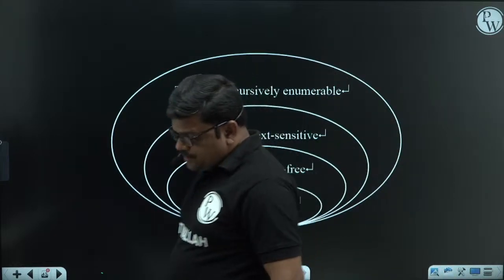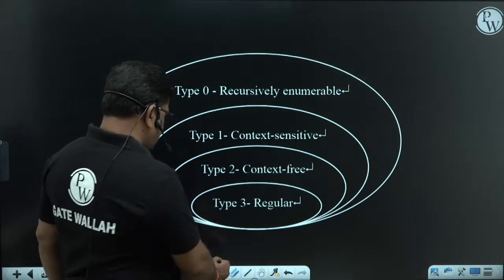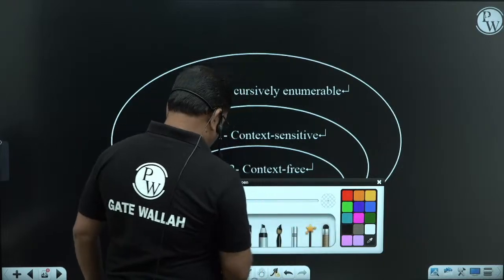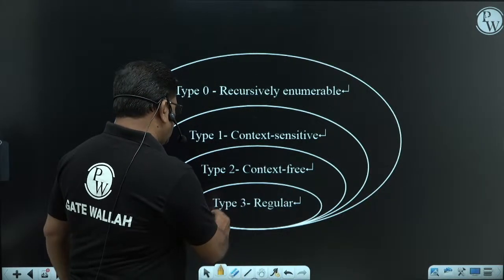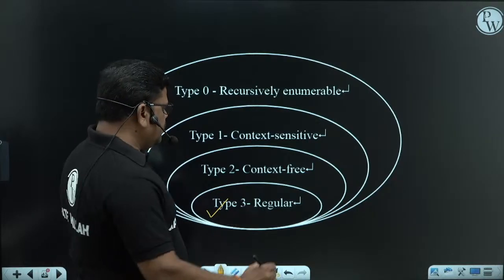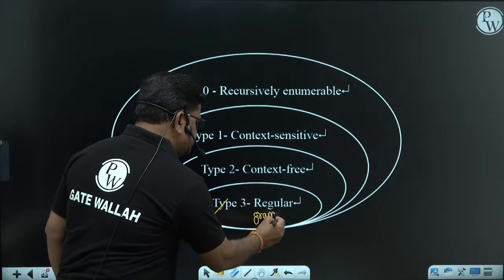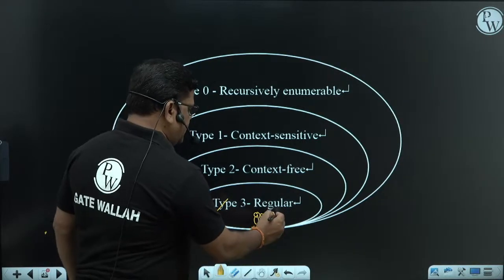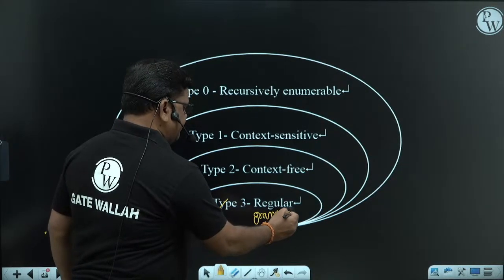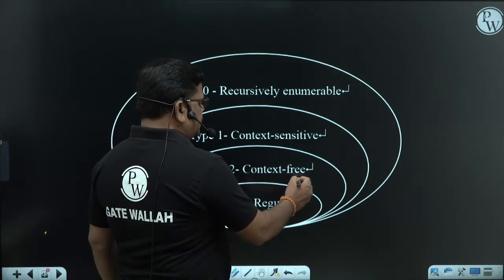Right. So here, theory of computation is all about 4 things. Learning about 4 concepts: regular language or regular grammar. Here I am saying grammar, regular grammar. Next, context free language or context free grammar.